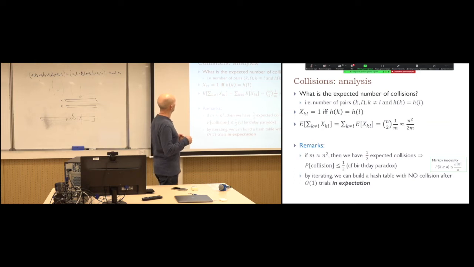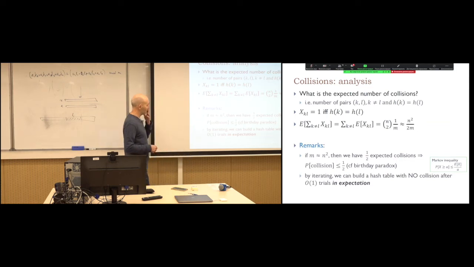Let's introduce an indicator random variable X_kl equal to 1 if they hash to the same bucket. The expected number of collisions is the expectation of the sum of these indicator variables for k different from l. By linearity of expectation this is the sum of expectations, and the expectation of each variable is 1 over m by our hypothesis, over n choose 2 pairs. So we have roughly n squared over 2m collisions.